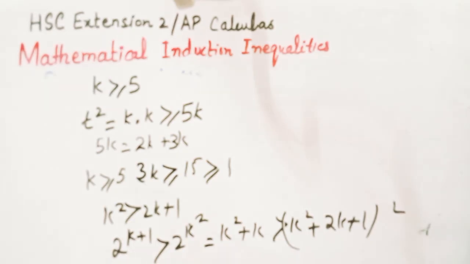We can split 5k into 2k and 3k. Since k is at least 5, 3k is at least 15, which is greater than 1. So k square is guaranteed to be strictly greater than 2k plus 1. Now look back at the entire inequality: 2 raised to power k plus 1 is greater than 2k square, which is equal to k square plus k square. For this purpose, we just proved it is greater, which factors perfectly into our target, that is k plus 1 whole square. The logical bridge is complete.